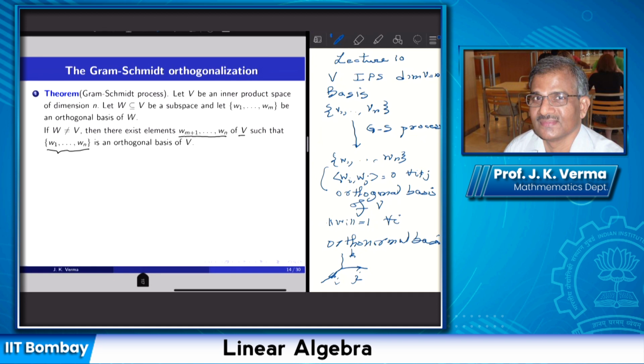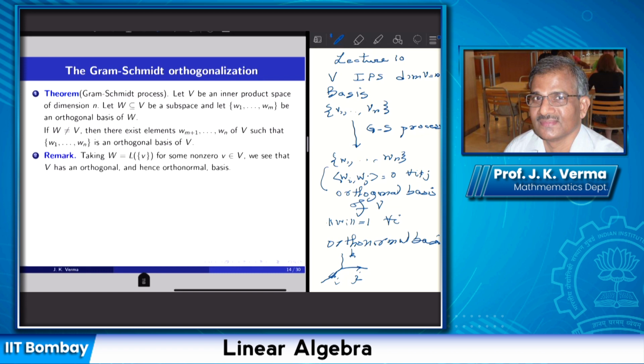So if the vector space has dimension n and I have n mutually perpendicular vectors, they are linearly independent, and therefore they will form a basis. So the Gram-Schmidt process starts with one set of mutually perpendicular vectors, and then enlarges it to a basis of the whole space, so that the vectors in this basis are mutually perpendicular. The proof will be an algorithm. We will produce an algorithm to construct such a basis.